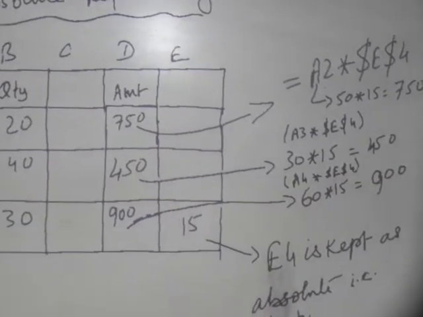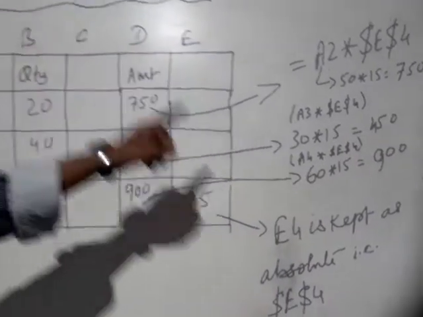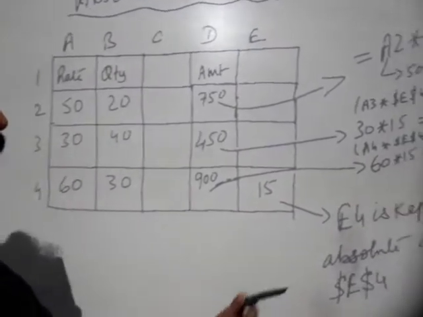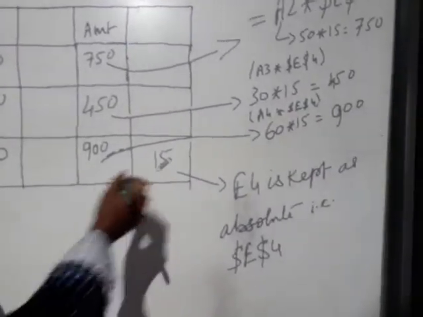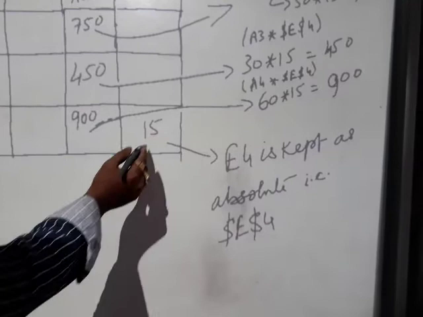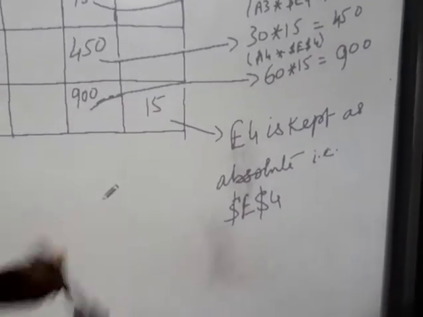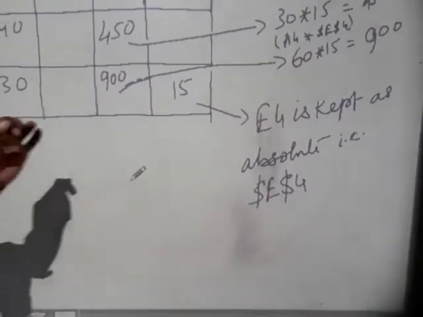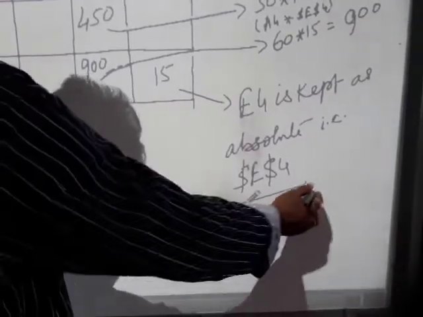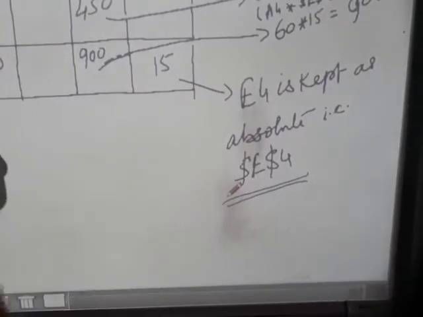Like in this case, if you look at this structure, E4 contains 15 as the value. So E4 is kept as absolute. Now how to write an absolute formula? It is $E$4.